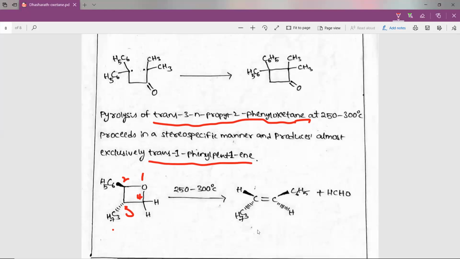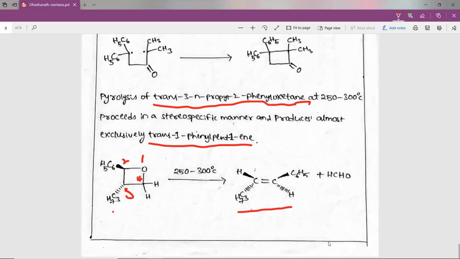Numbering from this side, 1, 2, 3, 4, 5, so this is 1-pentene, 1-phenyl 1-pentene. The bulky groups are trans to each other. Therefore it is trans 1-phenyl pent-1-ene.